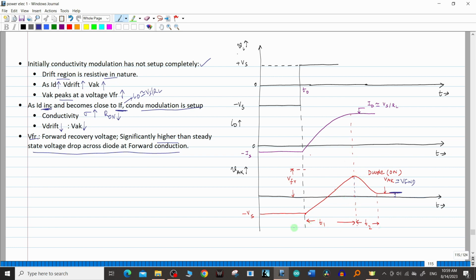You can mark a time here. This total time, from the recovery stage to the steady state stage, is called TFR, the forward recovery time, just like reverse recovery time.